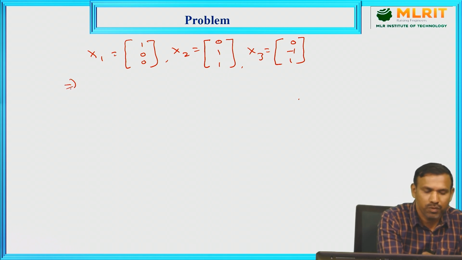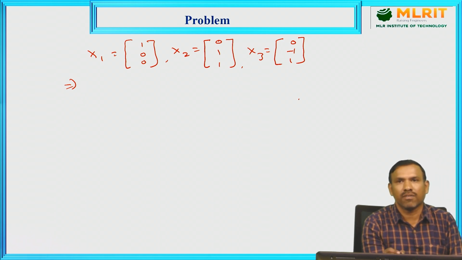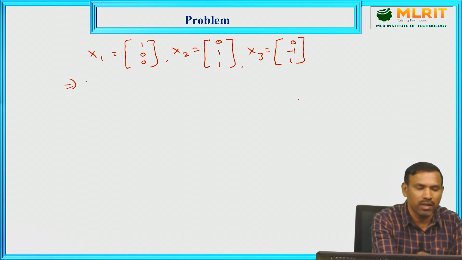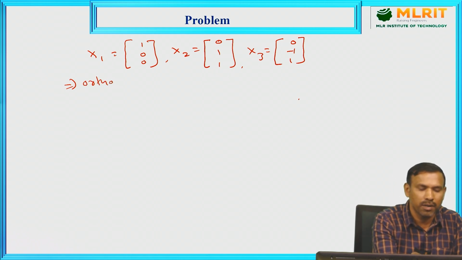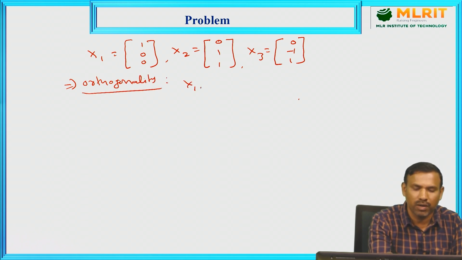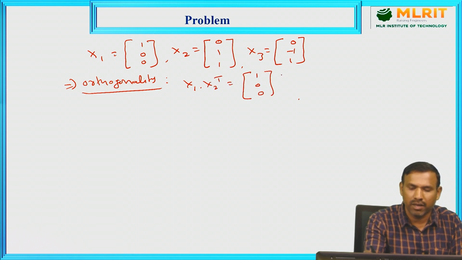Now, let us check the orthogonality. After finding the eigenvalues and eigenvectors, since our reduction is orthogonal reduction, we verify the orthogonality. How to verify it? Just now I said their dot product is 0. Let us take x1 dot x2 transpose: x1 is (1, 0, 0) and x2 transpose is (0, 1, 1).